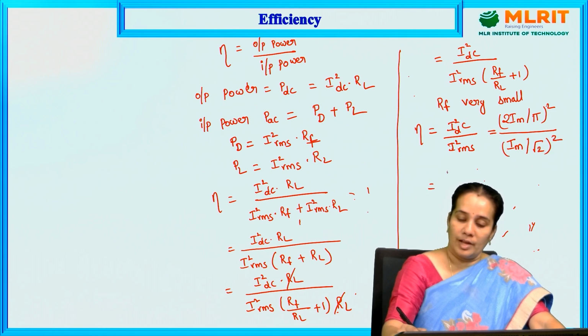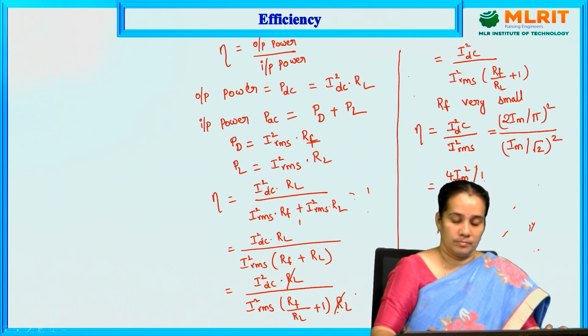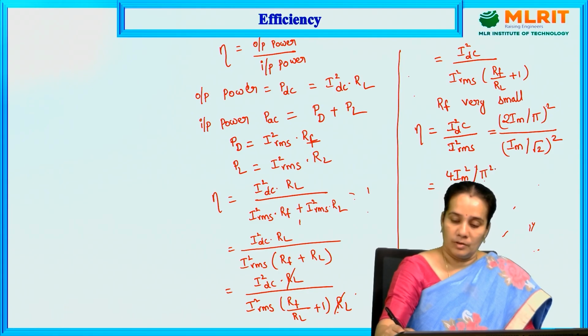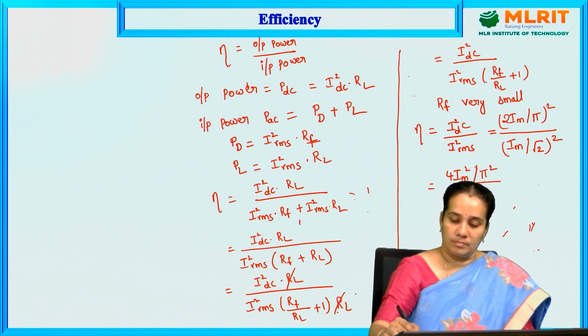Now what is the value? 4 Im square by pi square, and Im square by 2. Im square cancels. Now what is the value here? 2 by pi square... wait, 8 by pi square.